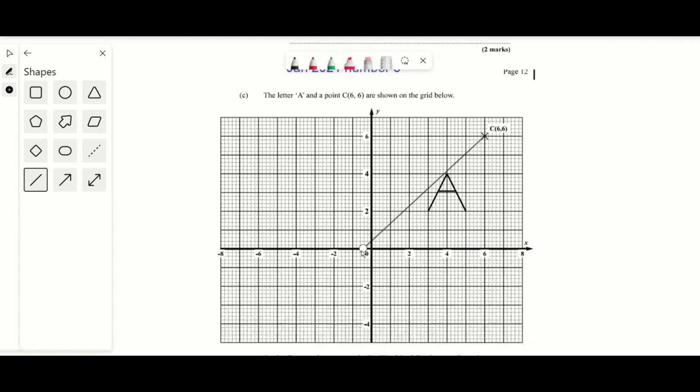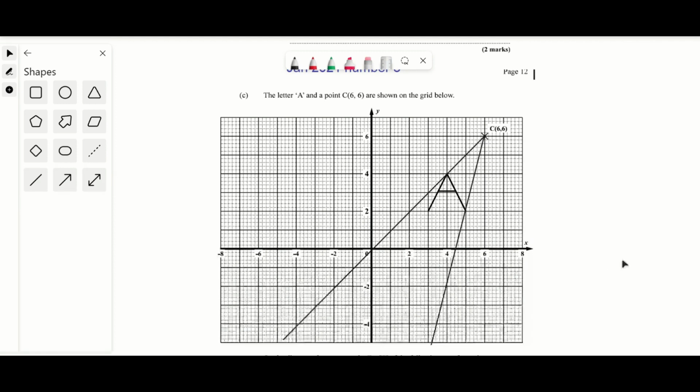You're going to draw a line crossing through one coordinate of A. You're just going to draw straight down. Then you're going to do the same thing for a second point. I'm just going to choose this one.